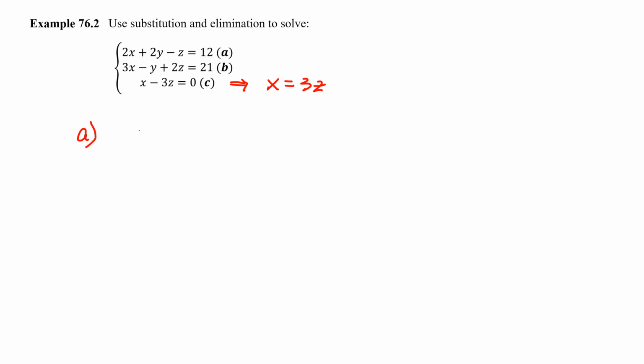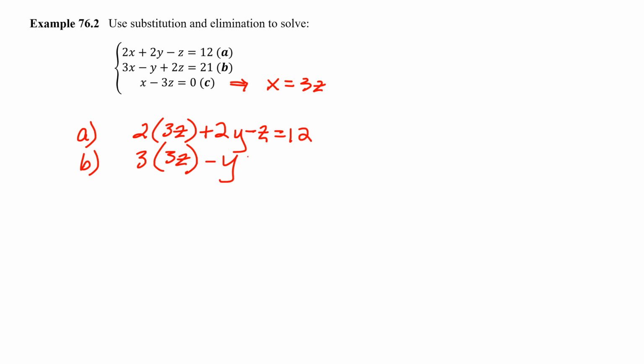So equation A, I'm going to have 2 times x, which is 3z, plus 2y minus z is equal to 12. And then in equation B, I'm going to have 3x, which is 3z, minus y plus 2z is equal to 21. So now I will add my like terms.